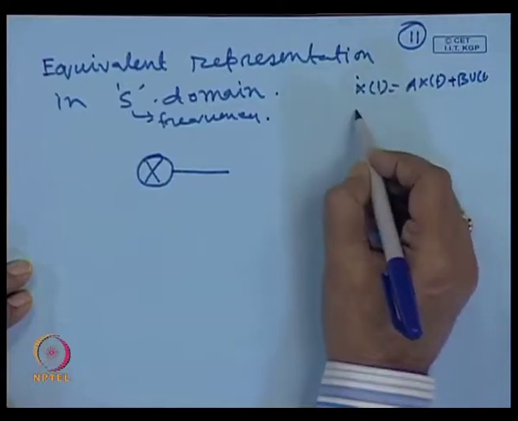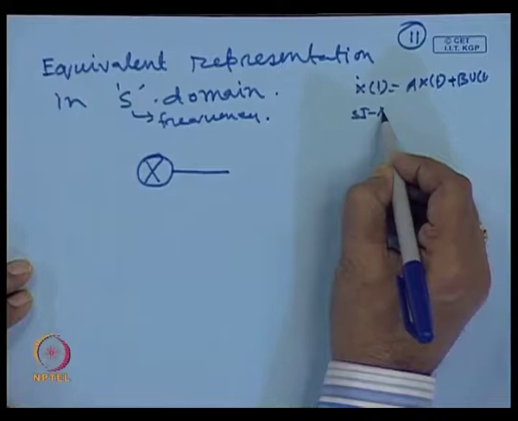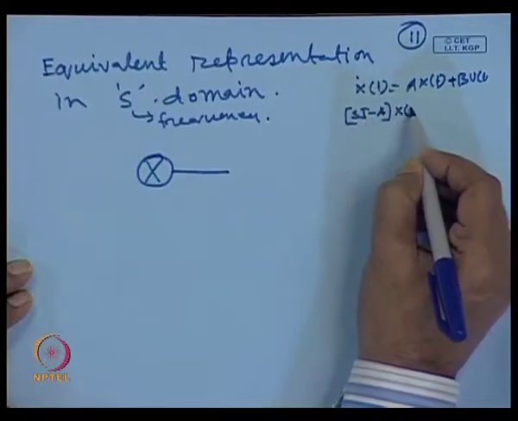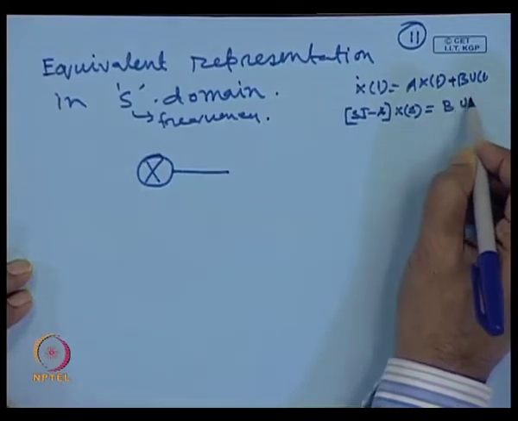And what is the frequency domain representation of that? Taking the Laplace transform on both sides, assuming the initial condition is 0, we get (S I minus A) x of s equal to B u of s.